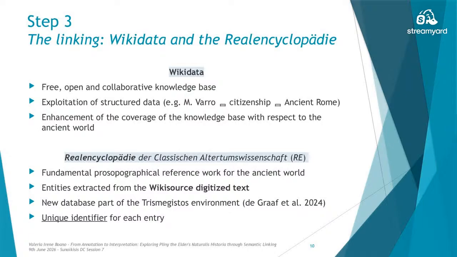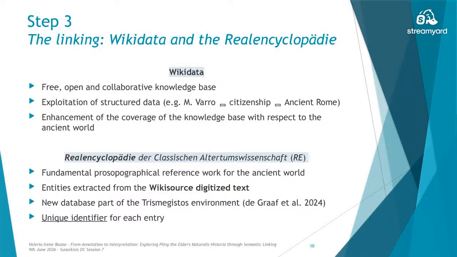At the same time, being a collaborative knowledge base, every time that I could not find the person that was mentioned in my text, I was able to create a new item. And so I had, at the end, a complete coverage of my corpus, and also I enhanced the coverage of Wikidata itself. The Real Encyclopédie instead is a fundamental prosopographical work for the ancient world, and it is available in a Wikisource digitized format.